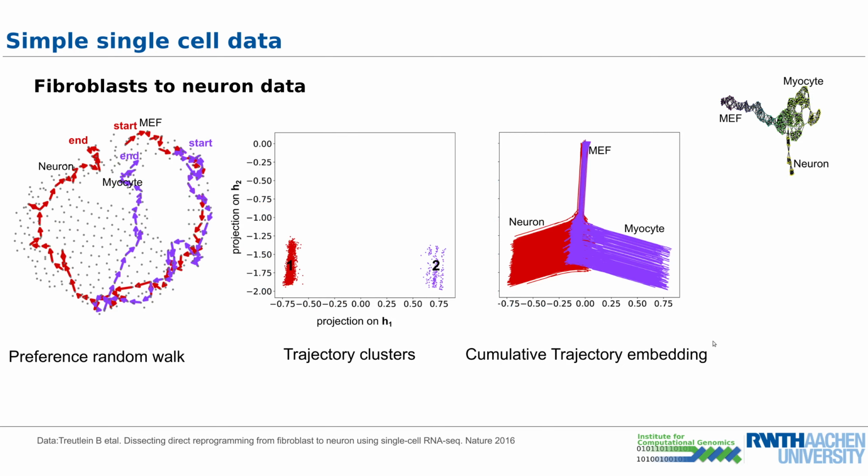When we look at the cumulative trajectory embedding, we can find that at some certain point, trajectories go in different directions, which indicates that we can use this cumulative trajectory embedding to find the branching points of the trajectories.